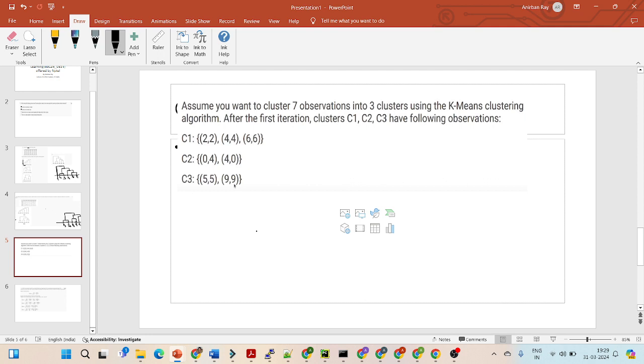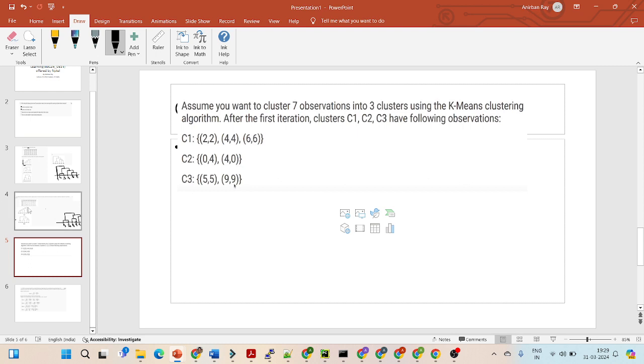So in the simple one, you take two points from each cluster that have the lowest distance, and in the other case the highest distance.